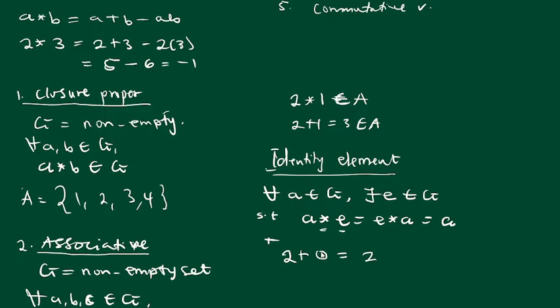And that happens to be 0. So under addition, the identity element is 0. It means that if I add 0 to any number, it should give me 2 back.